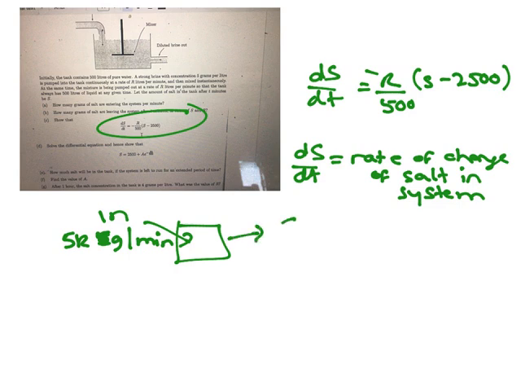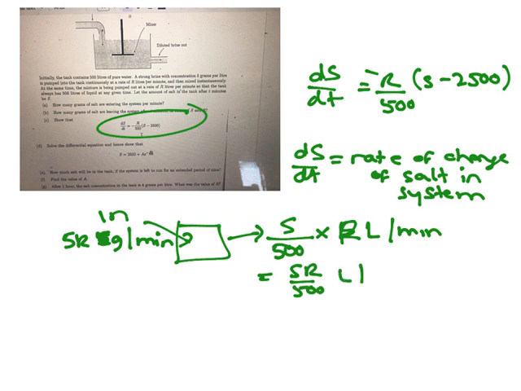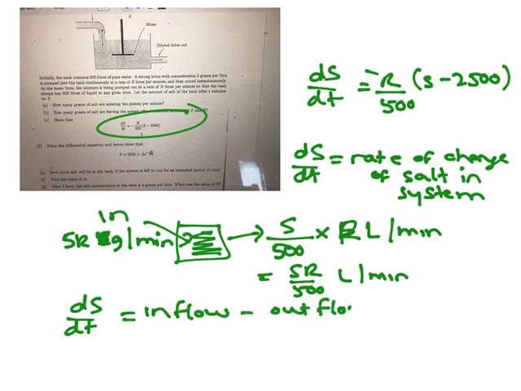And coming out, we have S on 500 times R litres per minute, which is SR on 500. So the rate of change inside this system, dS/dt, and this is the key, is the inflow minus the outflow of salt.